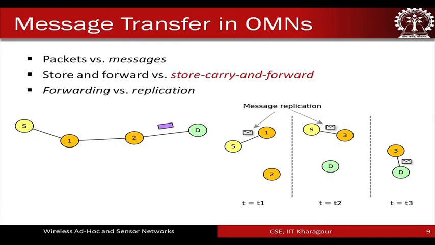So, let us look at our slide. In these networks, the most important thing is to deliver the message. People do not talk about different types of PDUs like packets, segments, frames and so on; there is only the concept of messages.